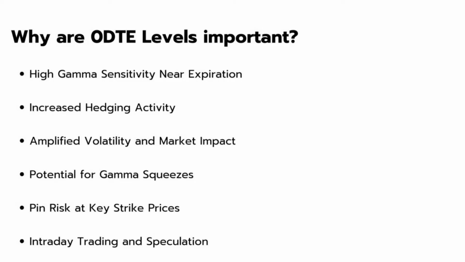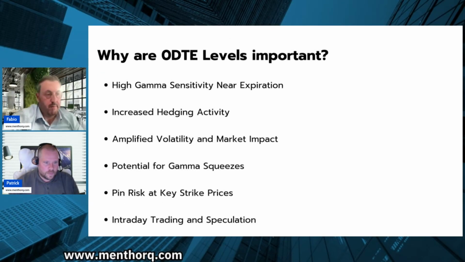All right. Before we go into the example, Patrick, let me know if you have any question on your side. I think we covered everything yesterday. We were speaking about the pin risk. We also have some video in the library where we were speaking about the gamma squeeze.